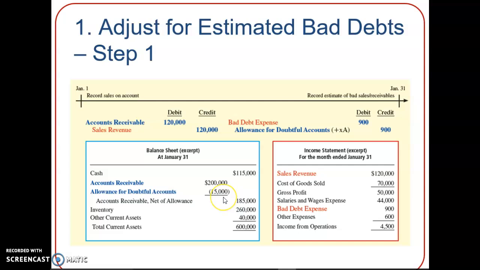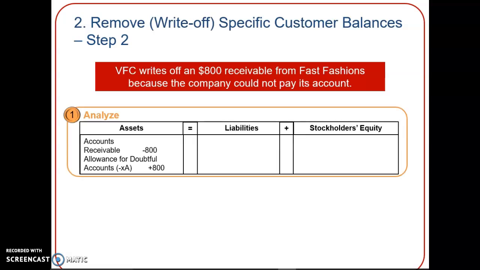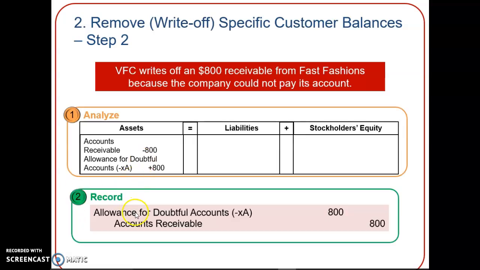If both reduce by 1,000, just to simplify the calculation, then 199K minus 14K, we're going to get the same 185. So the net remains the same. Okay, so keep that in mind. That's the second step. Allowance for doubtful accounts and accounts receivable are both reduced by $800, but the net effect of this journal entry does not affect the net accounts receivable.